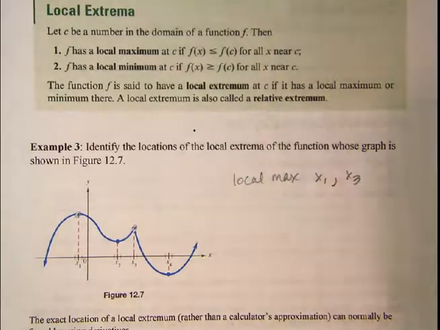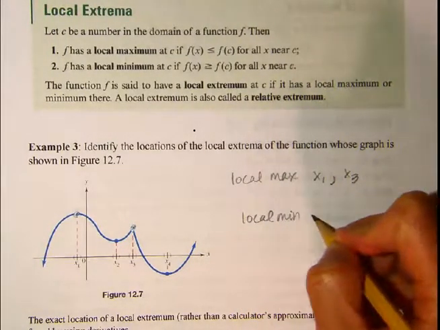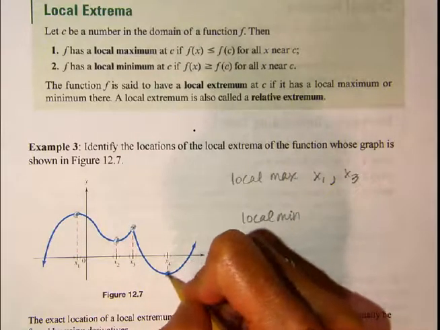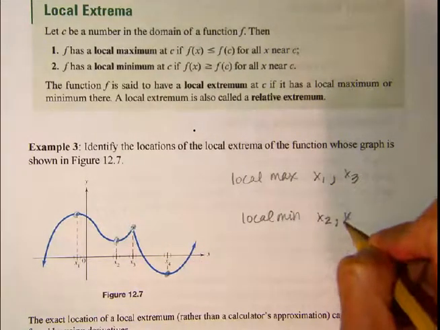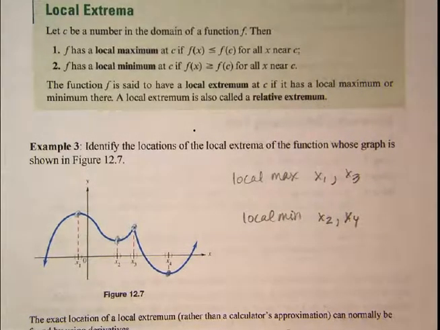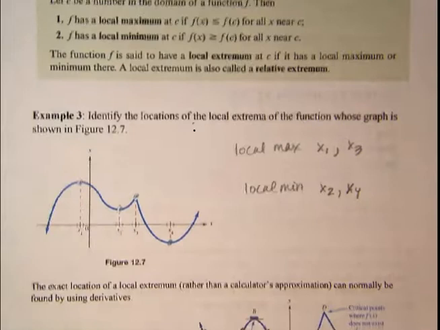Those are the highest point in that little area. And then you've got a local minimum at the point here, x sub 2, and then here, x sub 4. So we just want you to see that it doesn't have to be the highest everywhere. We're not looking at the absolute max right now. We're just looking at the relative max or a local max kind of thing.